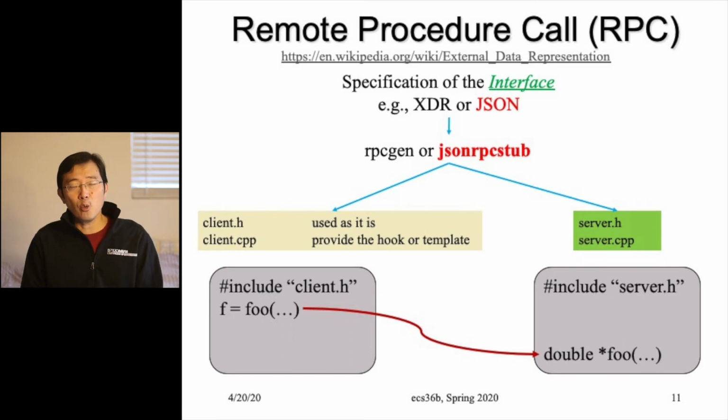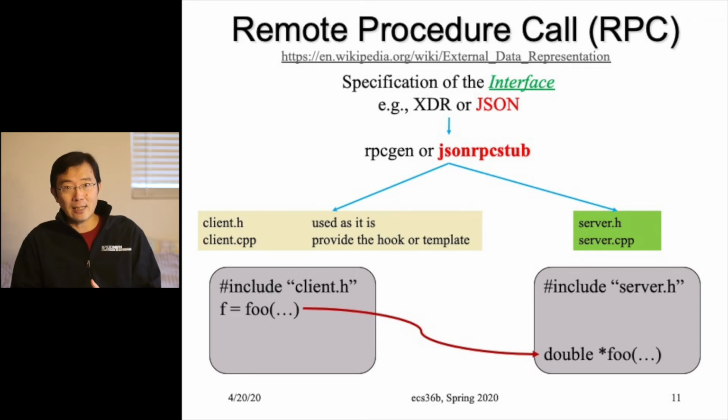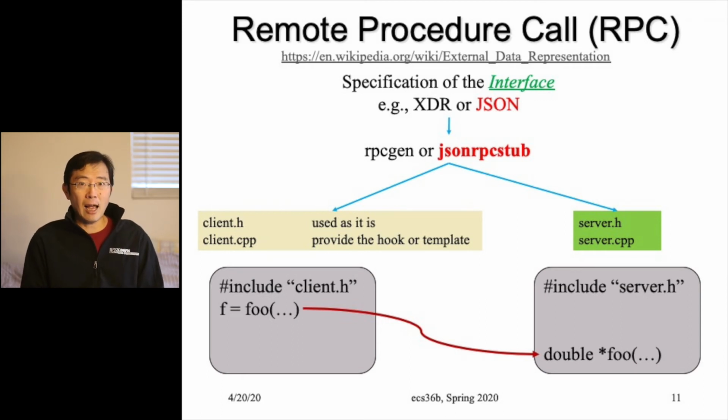Just similar to what you have done in homework assignment number 1 and number 2, where you were both connecting with the service on Cyrus. Okay, so that's a very quick overview of remote procedure call.